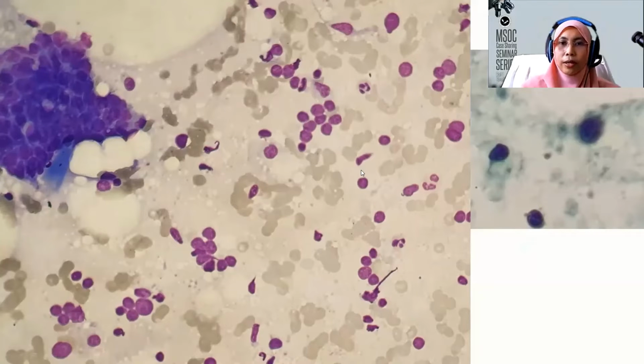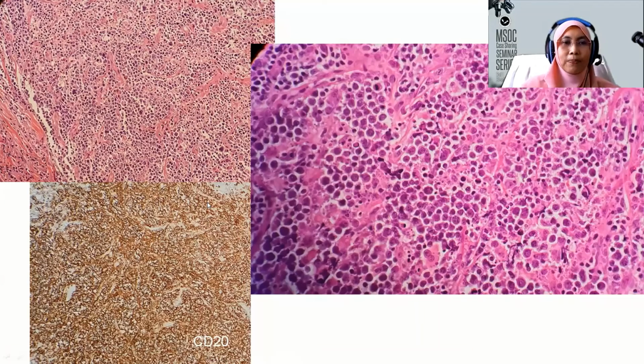So based on this, it was reported as atypical, suspicious, but we don't have a cell block to proceed with immuno.